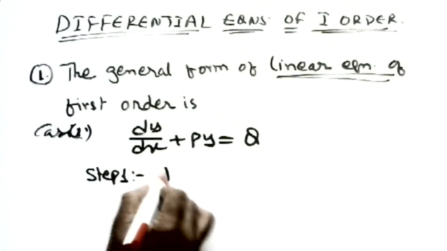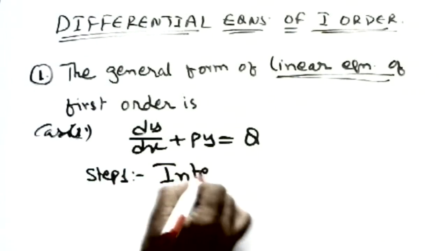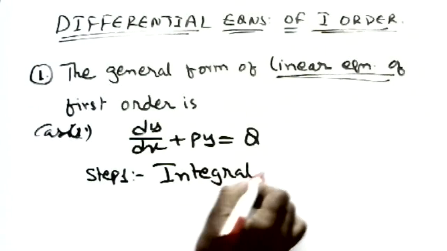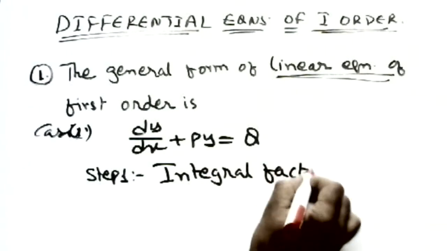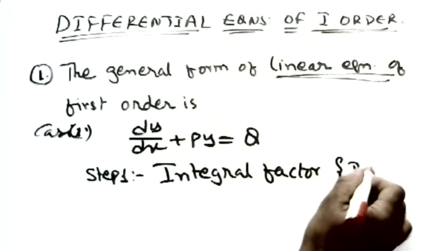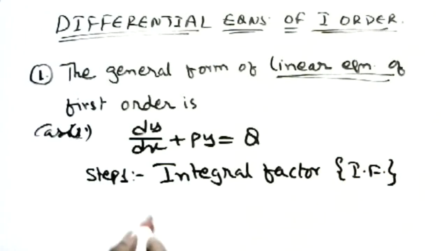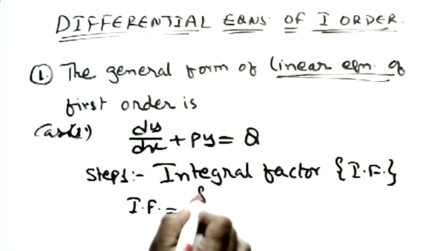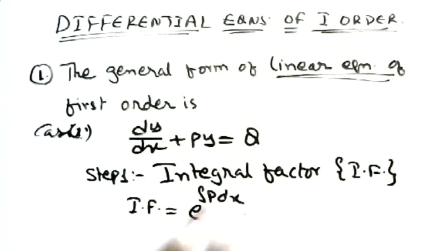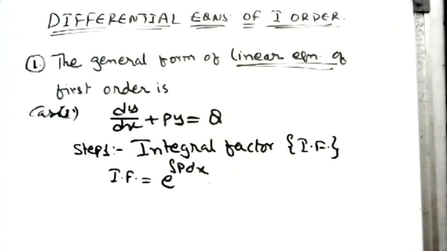Step 1, we have to find the integral factor. In short, we write IF, meaning integral factor. Its formula will be IF equals e to the power of integration p dx.